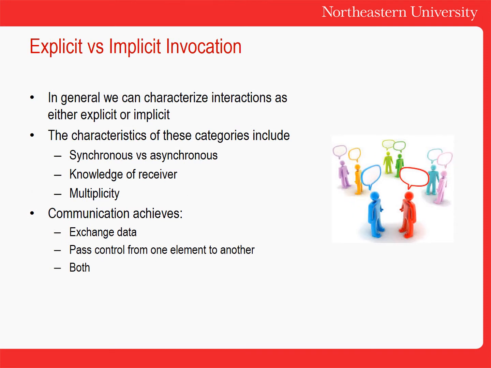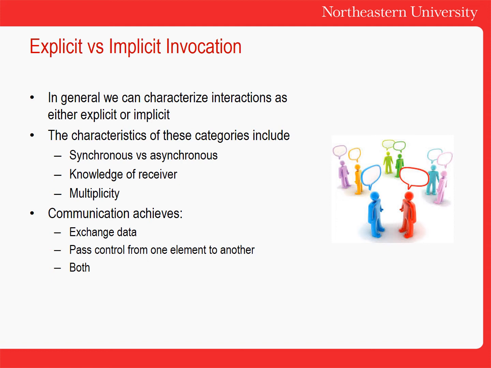So in distributed systems, the major differentiator between communication paradigms is whether the communication uses explicit or implicit mechanisms. And we can basically think about all communication mechanisms using these two types.